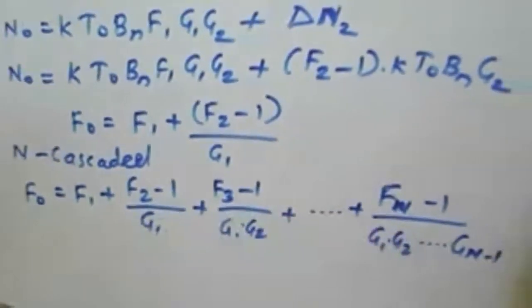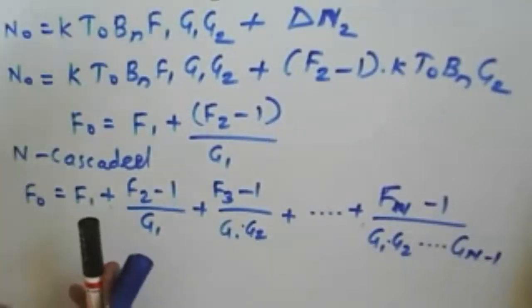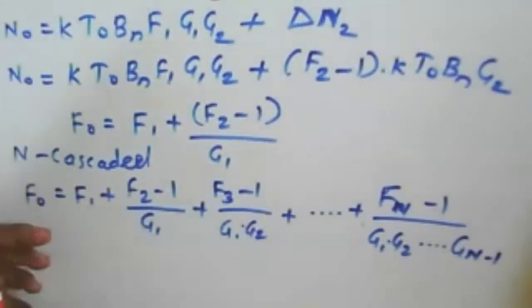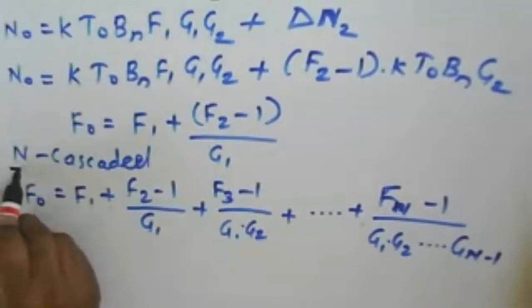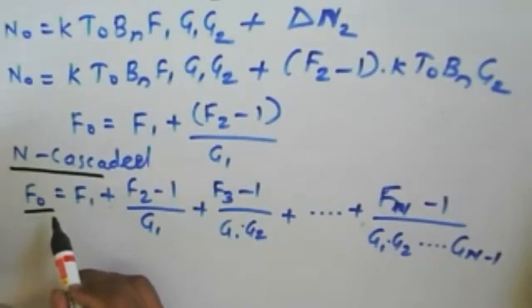Okay, so this will be the equations we have obtained for the noise figure. If we have n networks in cascade, this will be the noise figure of n networks in cascade.